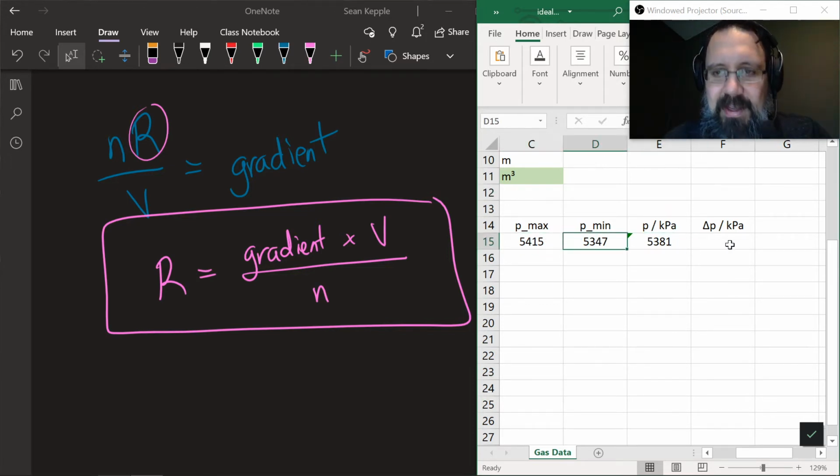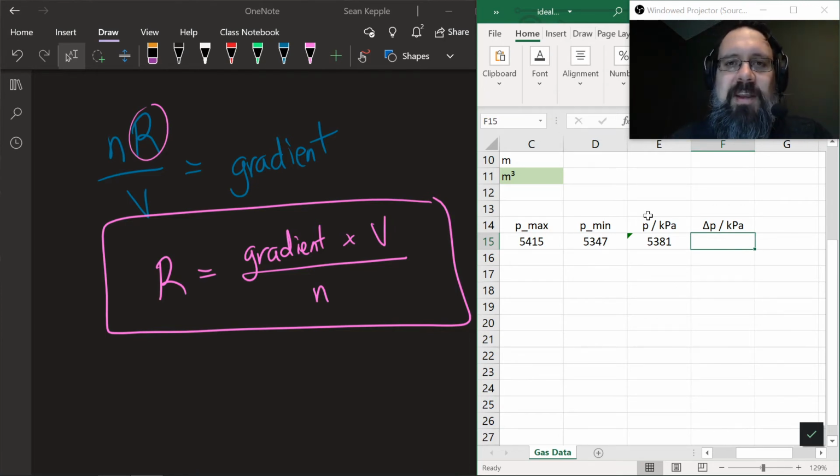Now, the uncertainty is what range we are confident that this value is within. Well, it had a maximum potential of 5415 and a potential minimum of 5347. So that means that this value is plus or minus in that range. Let's calculate that range.